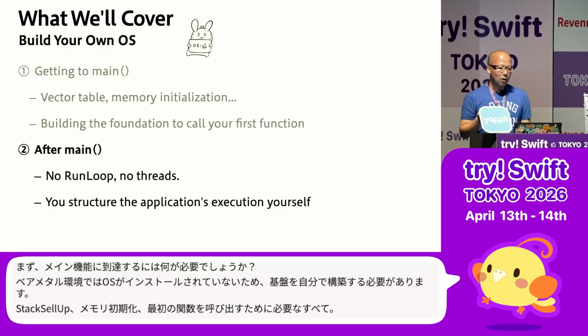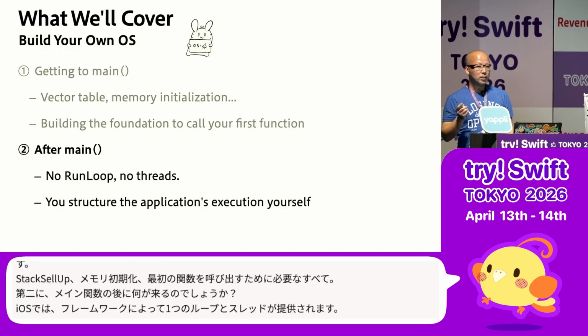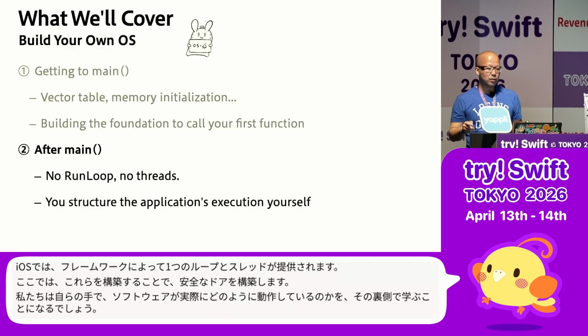Second, what comes after the main function? In iOS, frameworks give you the run loop and threads. Here, you build those yourself too. By building these with our own hands, we will learn how software actually works beneath the layer the OS normally hides from us.